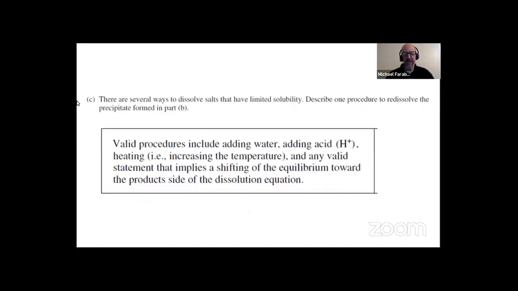Any valid statement that implies a shifting of the equilibrium toward the products. They also mentioned adding acid. So the fact that calcium fluoride dissociates into calcium ions and fluoride ions.